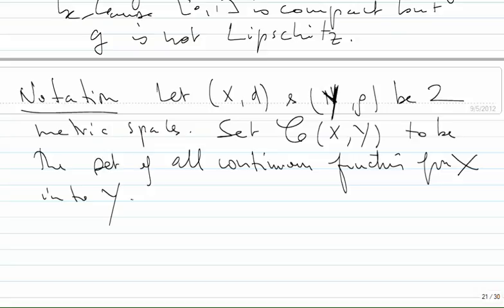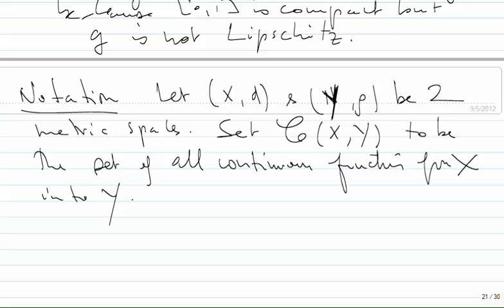What's interesting is that we want to define a distance on this set. The problem is that these functions may not be bounded.